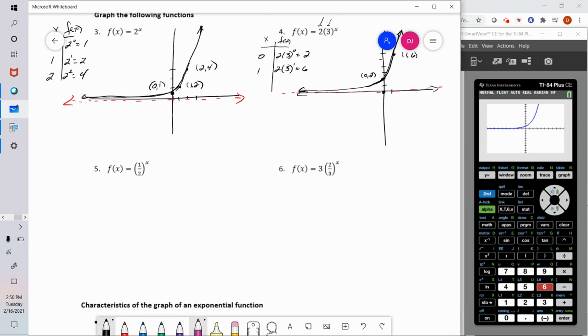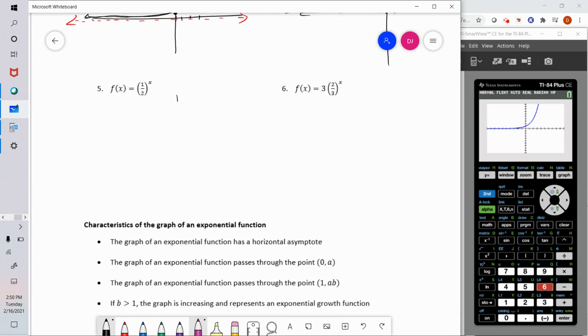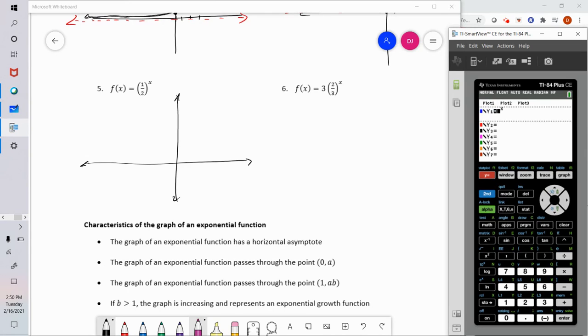Now, in number 5, let's go ahead and use technology to our advantage, right? So we're going to have 1/2 to the x power. That's the function (1/2)^x.